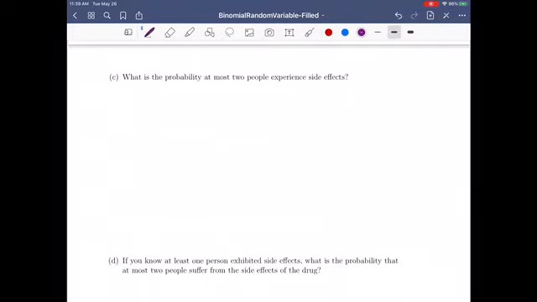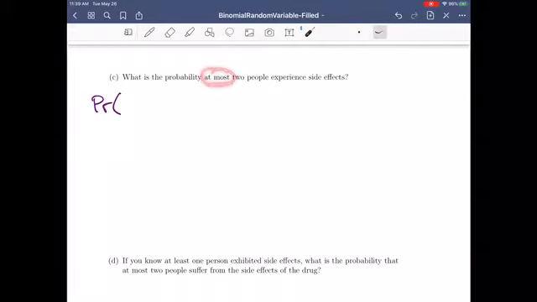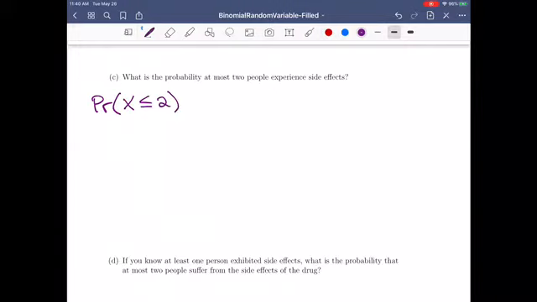What is the probability at most 2 people experience side effects? So this is at most, that's slightly different. That means this event is actually X is less than or equal to 2. So now we want to be careful. The formula that we have is for equals, not less than or equal or greater than or equal.